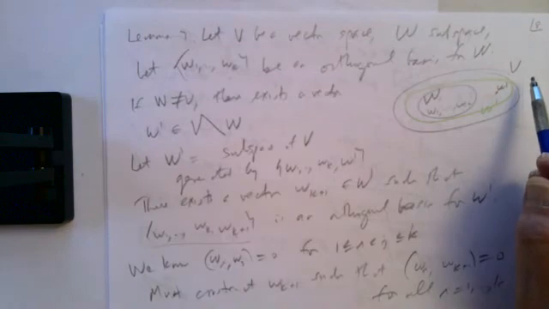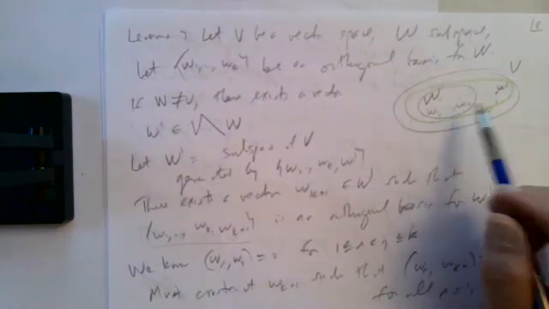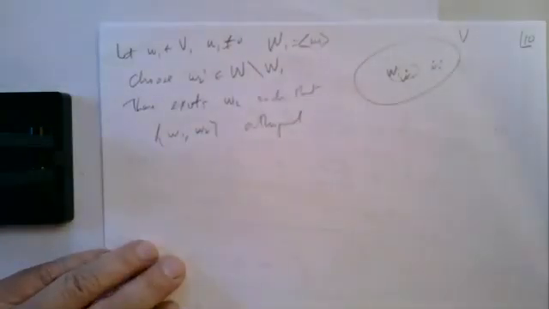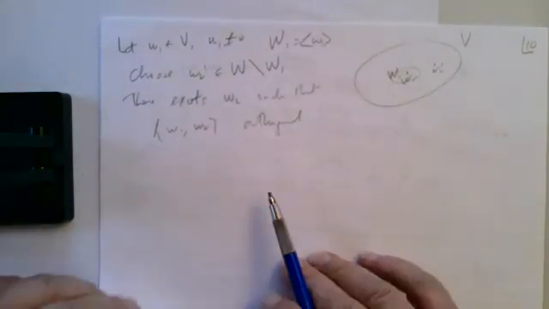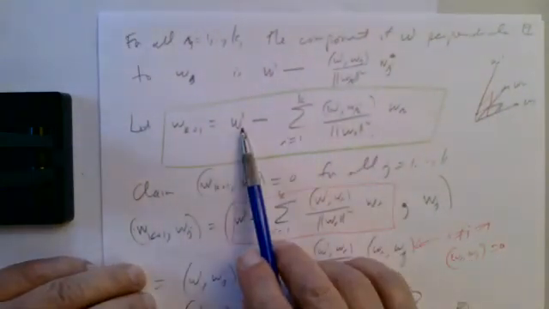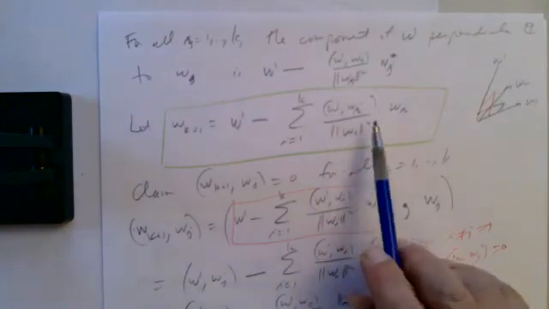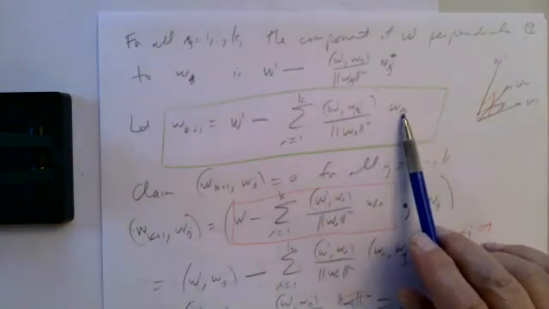And then we constructed a vector Wk plus 1, which was perpendicular to all of these. And what was the vector Wk plus 1? It was W prime minus the sum, a linear combination of W1 up to Wk.